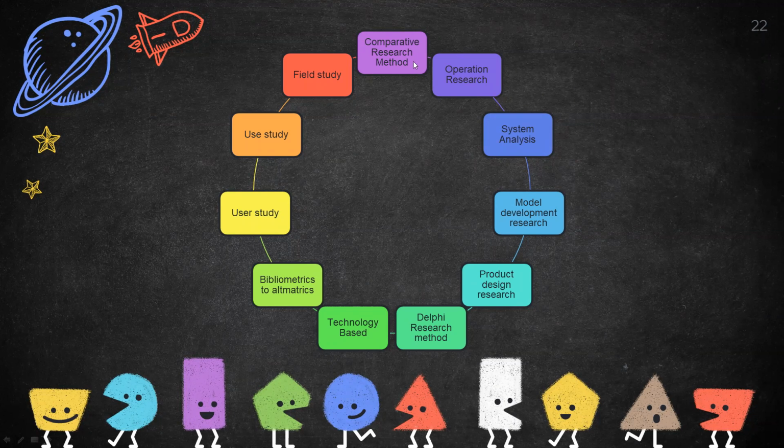So here, comparative research method. Comparative research method means two or more elements or variables we can compare in this particular method. Then operational research method is related with the managerial functions, and operational research aims to solve managerial problems applying mathematical principles.